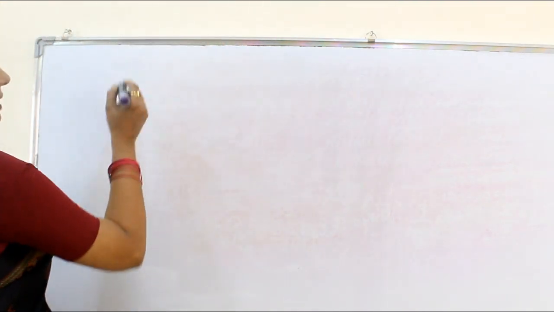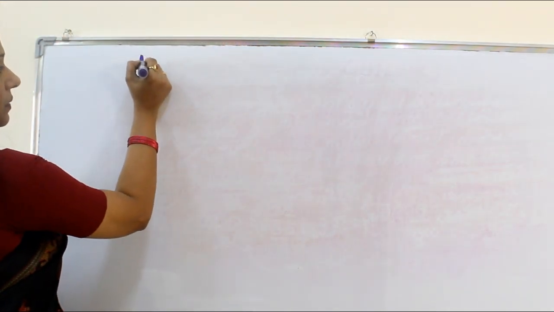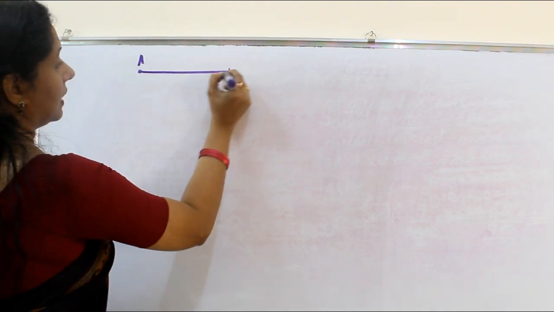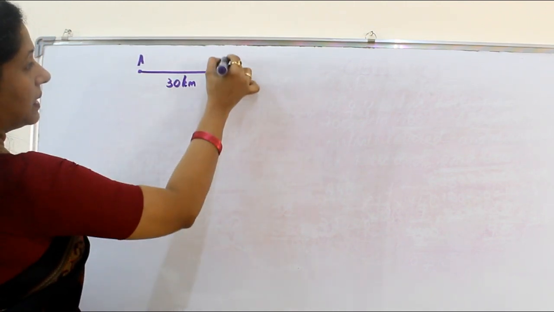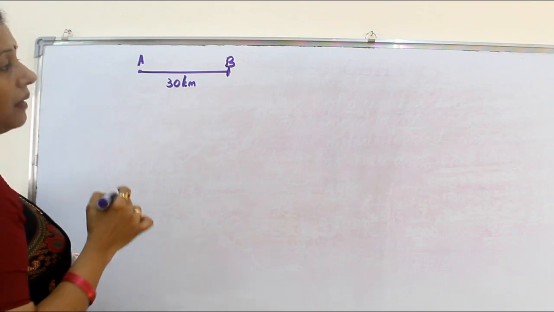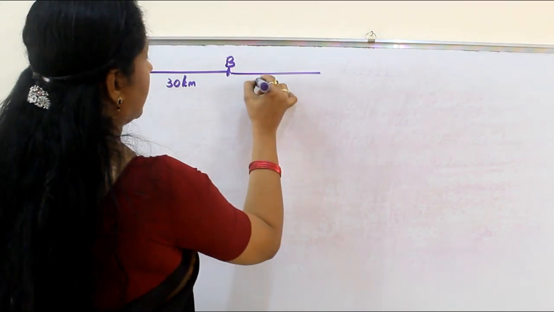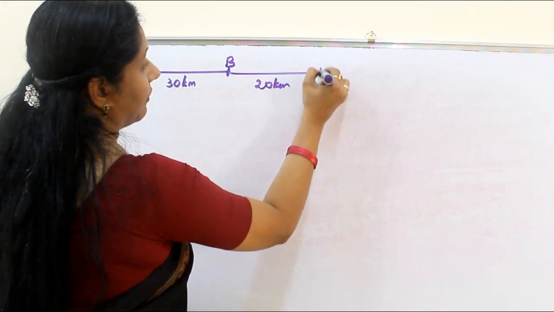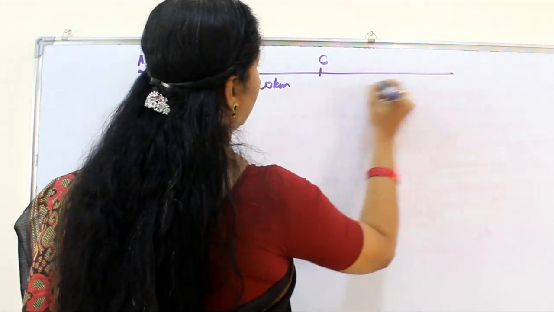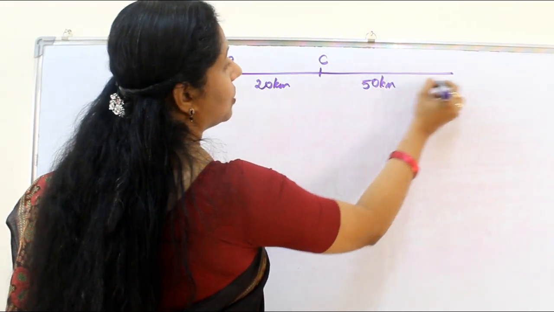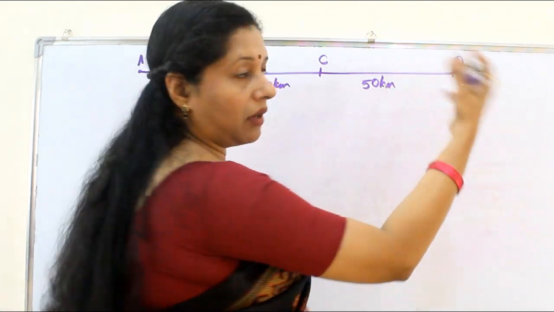So let's see one more example of distance traveled and displacement. Suppose you are starting from your house. You travel 30 km to reach your relative's house, which is located in city B. From there, you travel another 20 km to meet one of your friends who is staying at C. Then you travel another 50 km to reach your new institution or college you are joining.